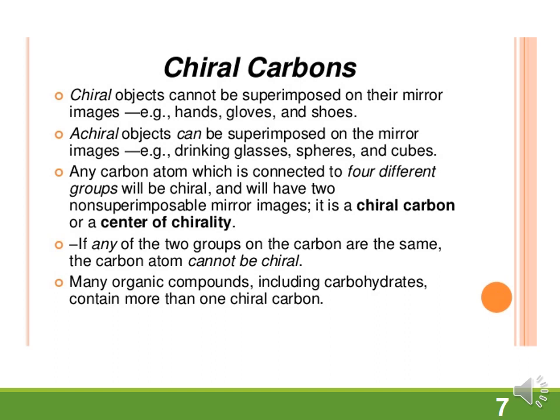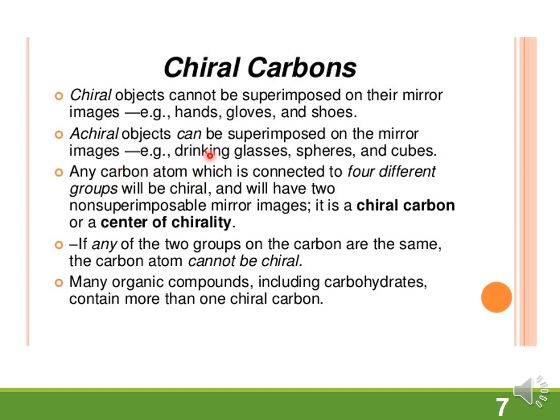Chiral objects cannot be superimposed on their mirror image, like hands, gloves, and shoes. An achiral object can be superimposed on its mirror image, like drinking glasses, spheres, and cubes. Any carbon atom which is connected to four different groups will be chiral and will have two non-superimposable mirror images.